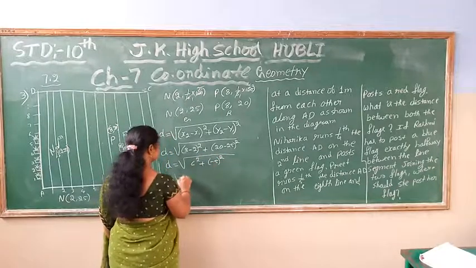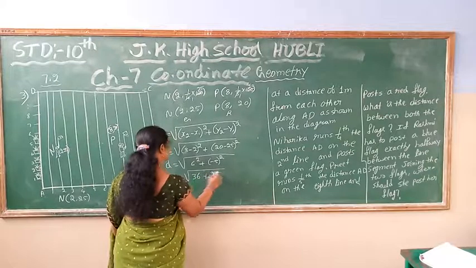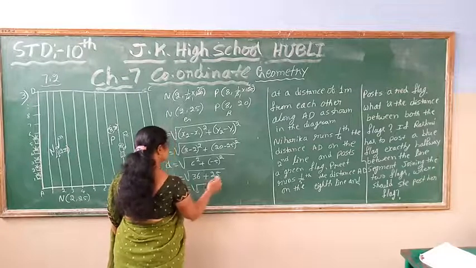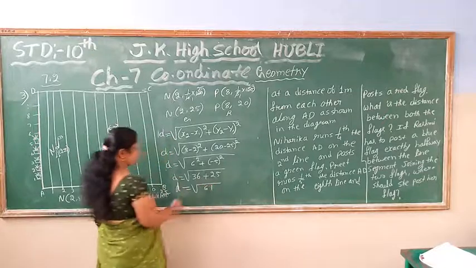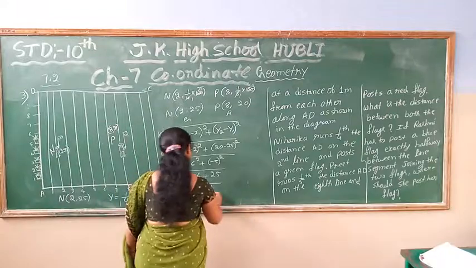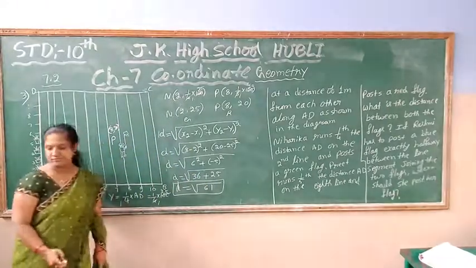So the distance is 36 plus 25, which is 61. So the distance between these two flags is the square root of 61, children.